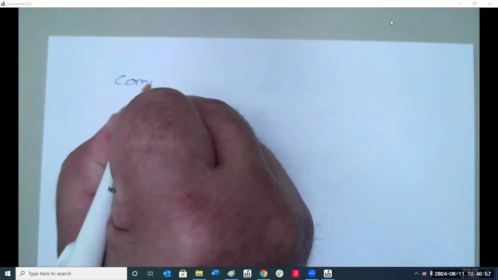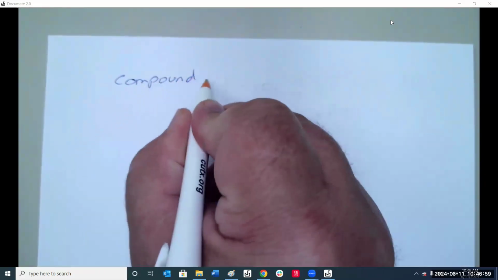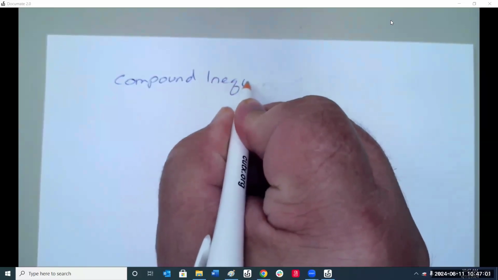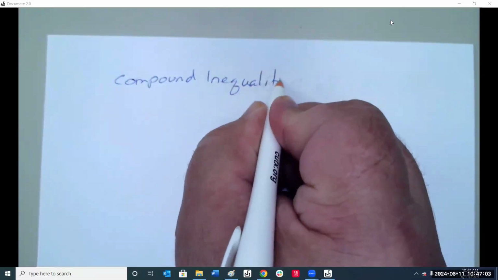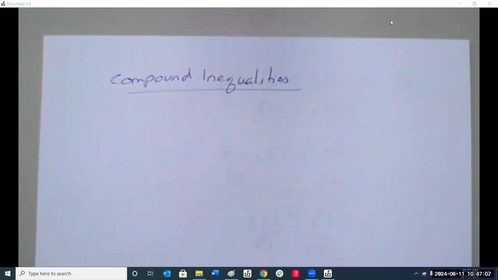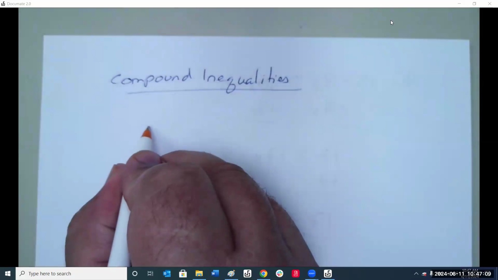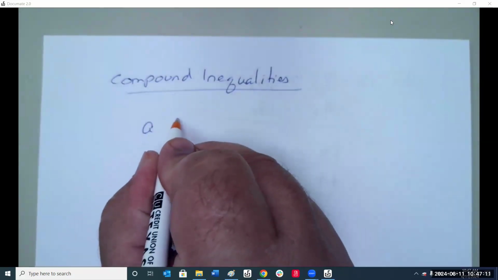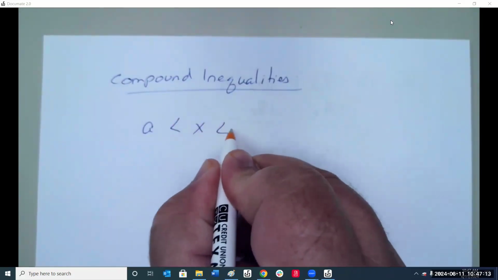Now we're going to get into something called compound inequalities. What compound inequalities mean is this.